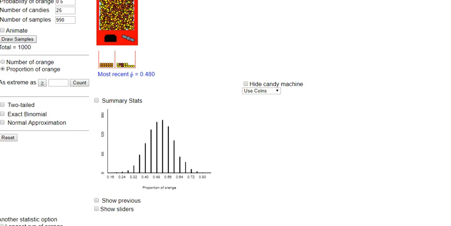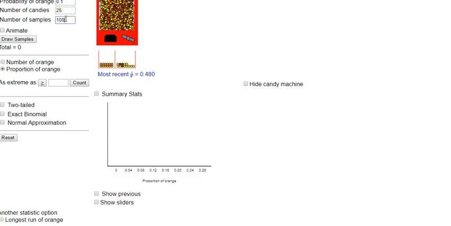Okay? Now, for number 5, it says, how does the shape of the sampling distribution of p hat, we call it p hat, change if the proportion of orange candies is 10% instead of 50%? So let's do that. I'm going to change that to 0.1. And we're going to do 1,000.